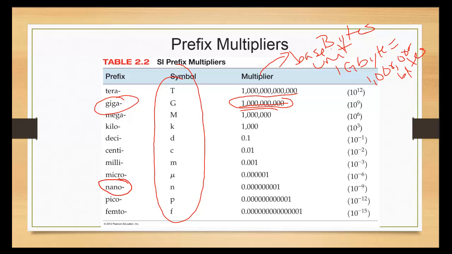Let's talk about grams. So that means 1 nanogram is equal to 0.000000001 grams. This number here is going with the base unit, while the number 1 is going with the prefix.